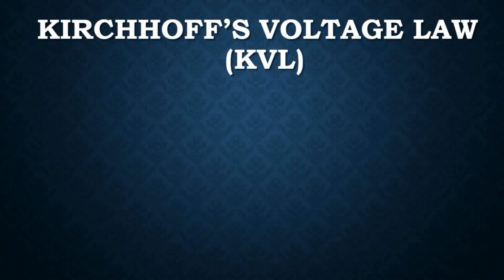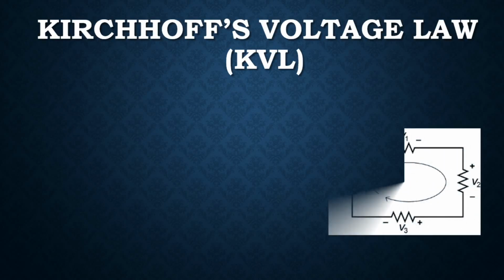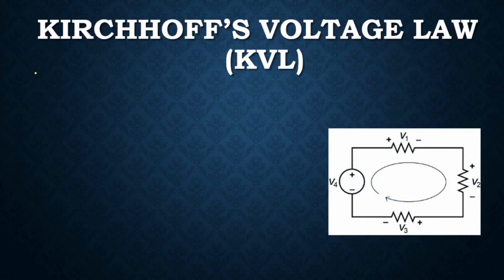The detailed explanation will be like this: as V4 is an energy source, it will be positive if I go from the negative end of the battery to the positive end of the battery. So it will be like this.